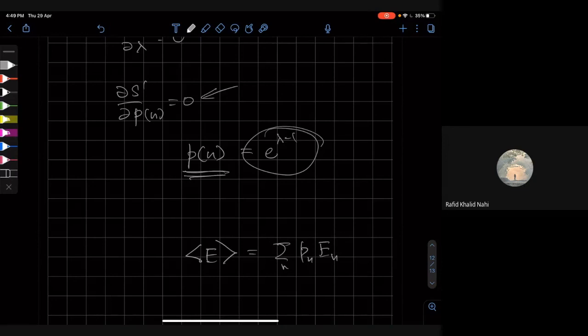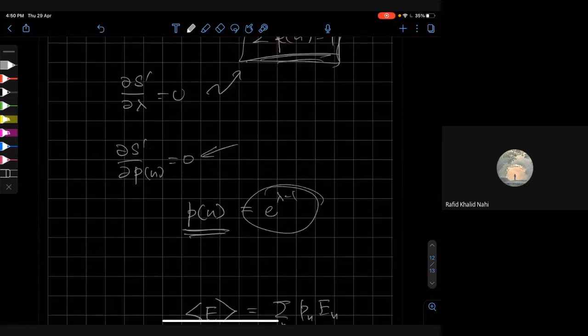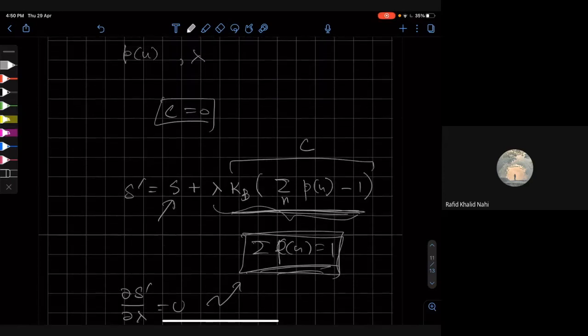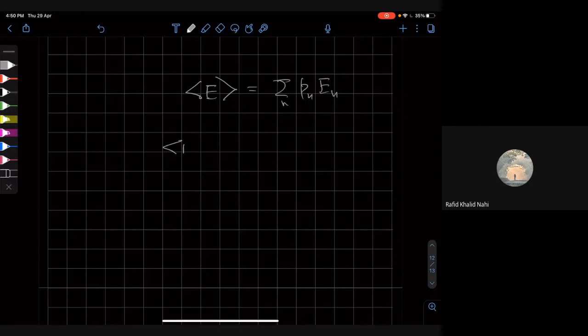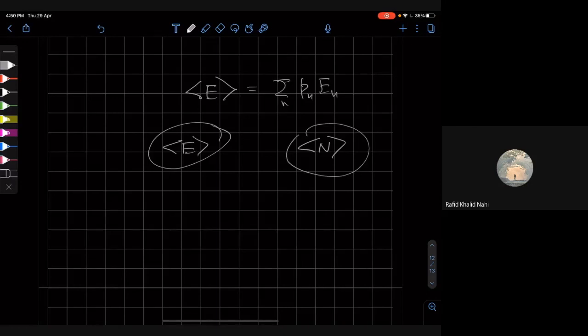And similarly, you can have more than one Lagrange multiplier. If you have a Lagrange multiplier which implements this constraint that this is a constant, and another Lagrange multiplier which says that this is going to be constant, then you can derive the grand canonical ensemble, right?